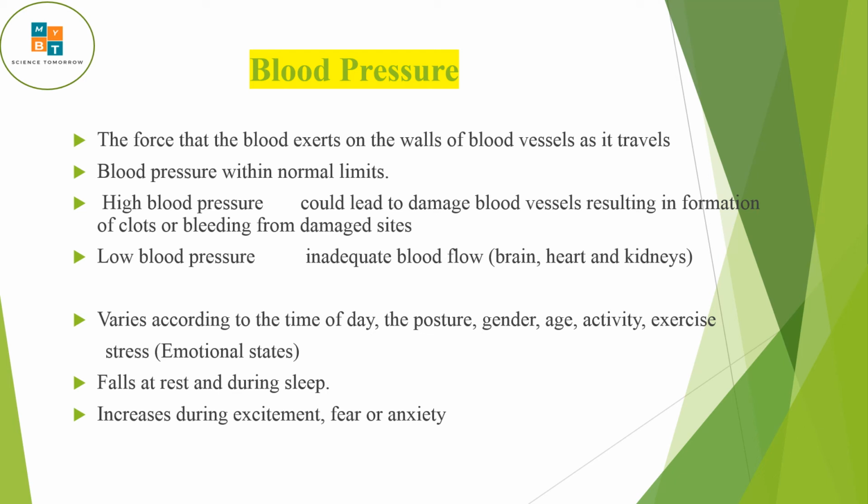So there may be less blood to the brain, heart, or kidney. We know that if the pressure is reduced, it will reduce the blood supply to special organs like the brain, kidney, and those places.